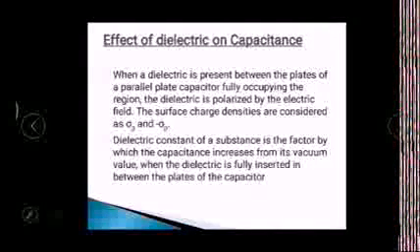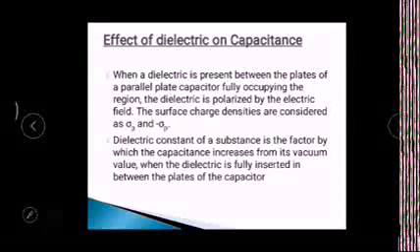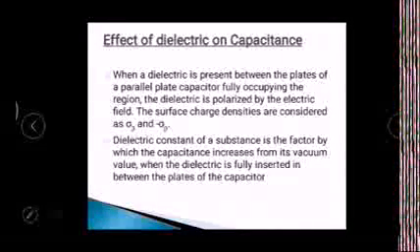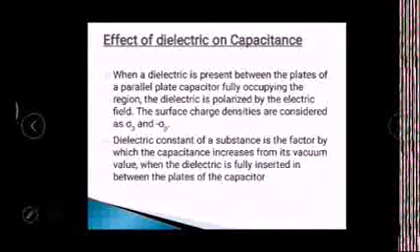The end which is towards the positive plate of the capacitor acquires negative polarity, and the other end acquires positive polarity. In this way, an internal electric field is generated in the dielectric, which is opposite to the external electric field.